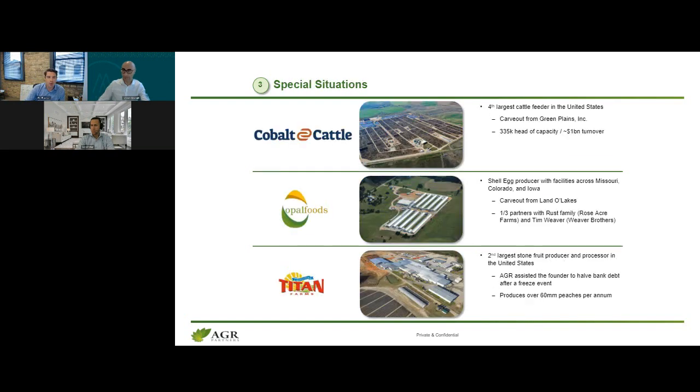The last situation I'll call out here, more of these special situations, is Titan Farms, another successful one for us. We came in after a peach farmer in South Carolina had built a new facility and had the once in a generation freeze where he lost his peach crop right as the facility was coming up and running.